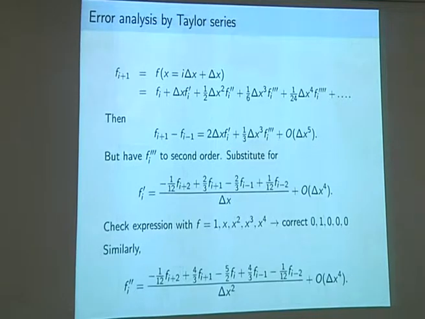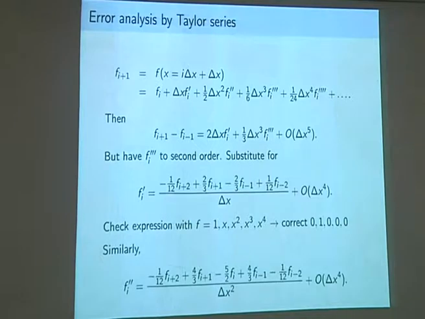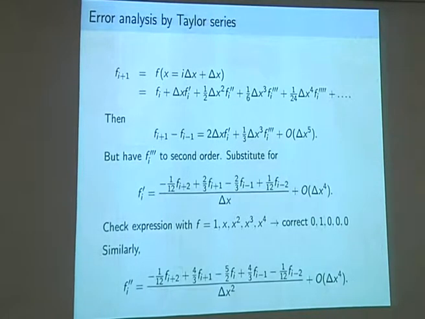Can we do x cubed? Great concentration. Ready? X cubed. So this would be 1, and then at i plus 2, it will be 8. Okay, minus 8/12 is minus 2/3. Minus 2/3 plus 2/3 is 0. Oh, it's going to go out to 0.